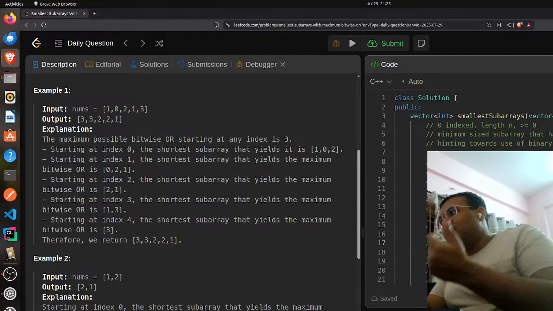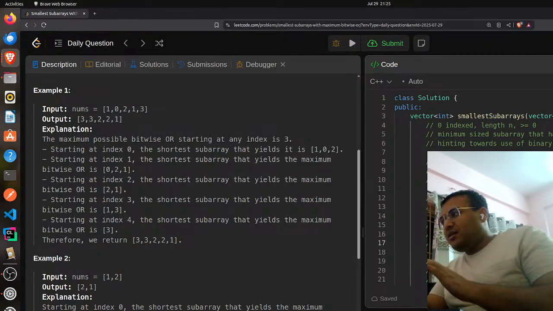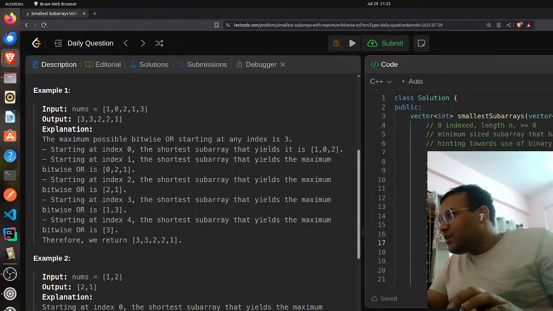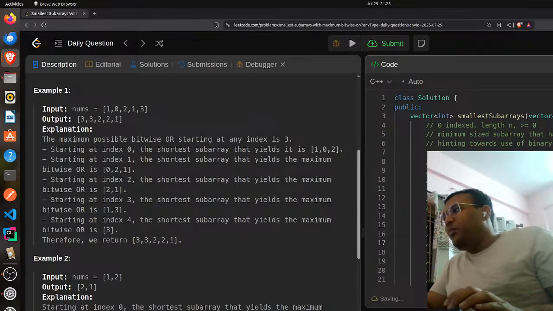So in both the places, wherever there is a 1, in the answer we will get a 1. So 0, 1, 1, 1, 0, 1, 1. And that would mean that the bitwise OR of 2 integers is always greater than or equal to both the numbers.